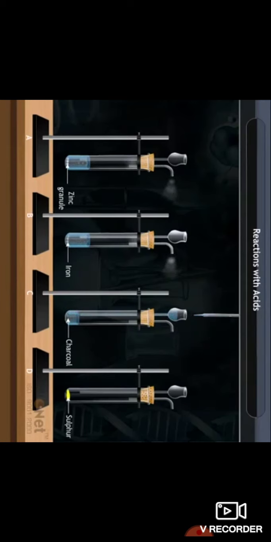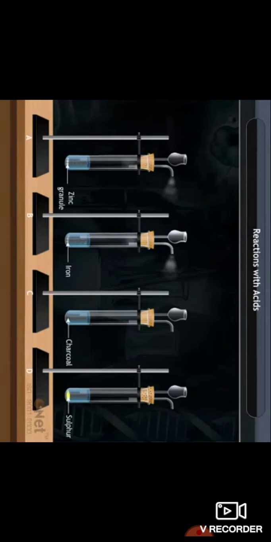Now you can see zinc is a metal and iron is also a metal. They have reacted with hydrochloric acid, and you can see the gas is released from zinc as well as iron. But in charcoal and sulfur there is no reaction.